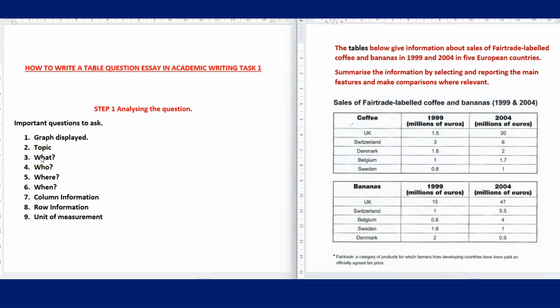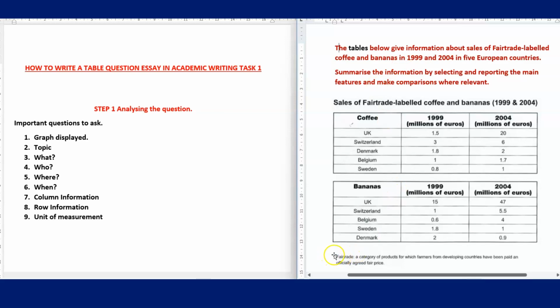So what is the whole question about? We can read the question. It states that it is about the information on the sales of fair trade labeled coffee and banana in 1999 and 2004 in 5 European countries. So it's about the fair trade labeled coffee sales. What does it mean by a fair trade labeled coffee sale?